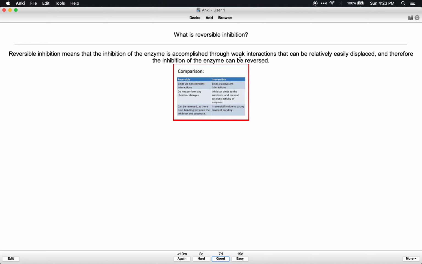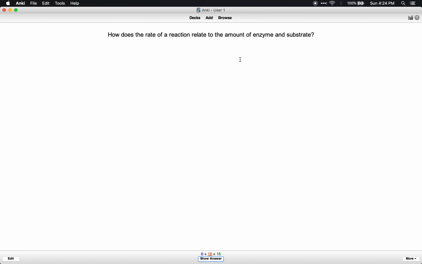This is binding of an inhibitor that can be taken off in order to restore an enzyme's normal function, through weak interactions.